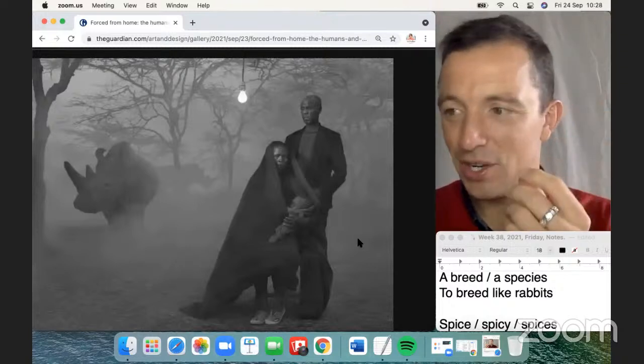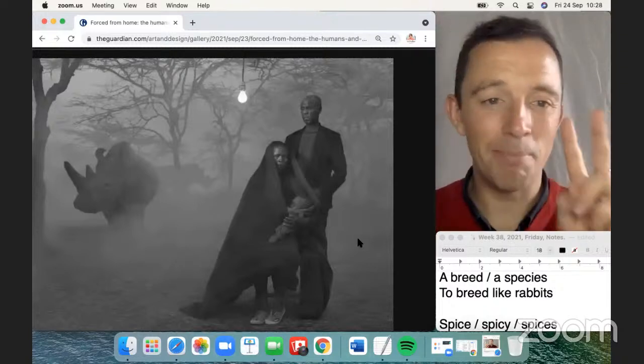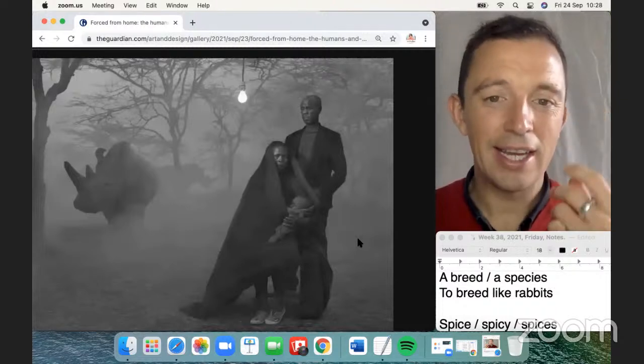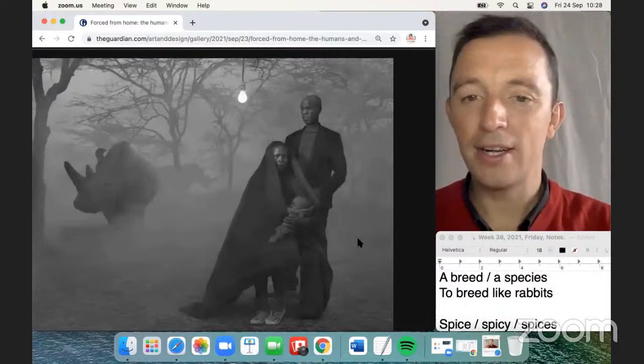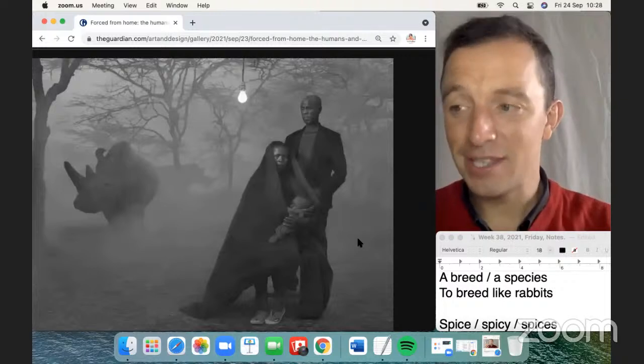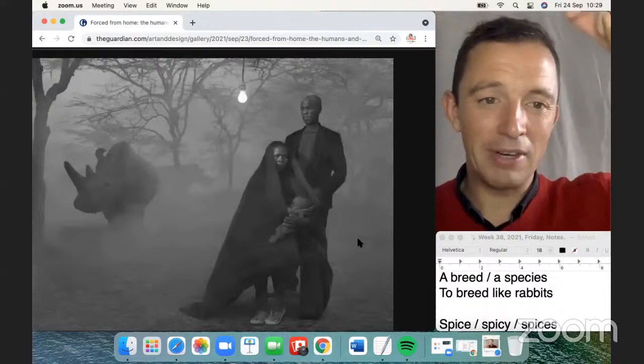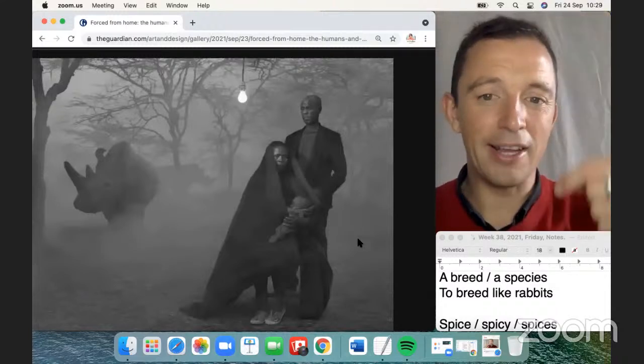There is mist or fog in the background, difficult vocabulary. And also, interestingly, there is an electric light in the middle of the forest, which is unusual. So that's the picture. The story is Alice, Stanley, and Najin from Kenya last year.